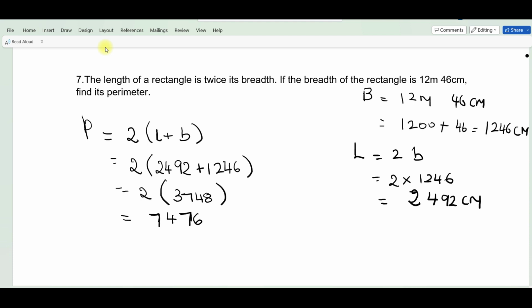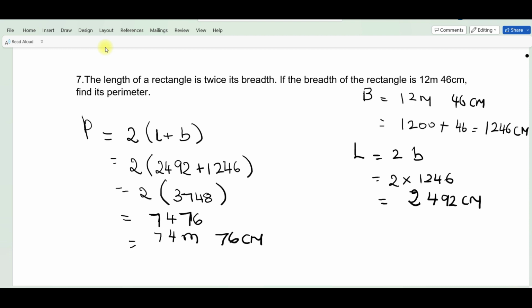So now this is the value. We have to convert it back, as it is in thousands, into meters and centimeters. As all of us know, 100 centimeters will give you 1 meter. So I will take this as 74 meters and 76 centimeters.